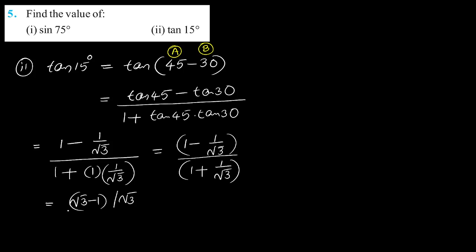If you don't simplify this question, you will not get full marks. The simplification is required in this question. Cross multiplication, the denominator will be like this.